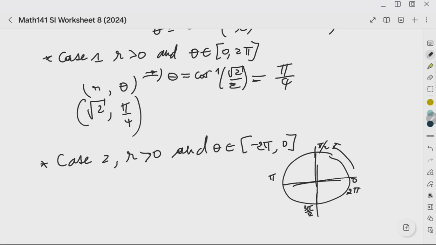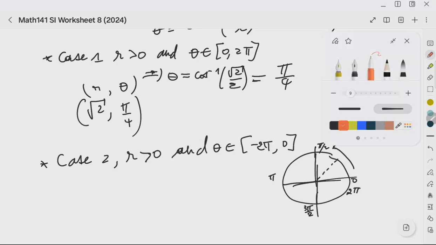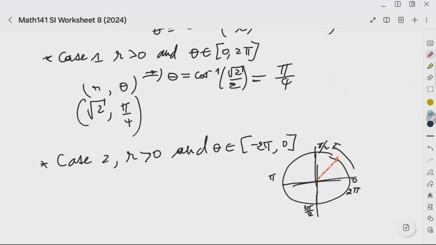And in that clockwise direction, our pi over 4 is somewhere here, in the middle of the first quadrant. So if we're going from 0 to 2 pi, then our angle is pi over 4.